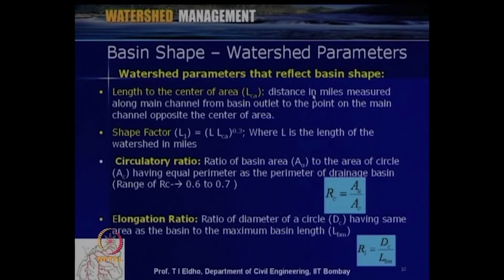That is the distance, in miles or kilometers, measured along the main channel from the basin outlet to the point on the main channel opposite the center of area. This is the definition of length to the center of area of the watershed, and it is one of the parameters as far as the basin shape is concerned.